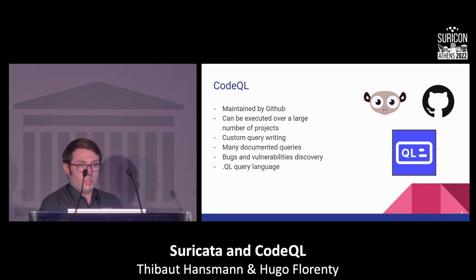It can be executed over a large number of projects in several languages: C, C++, C#, Java, Python, JavaScript, TypeScript, Ruby and Golang. It's centered around writing queries to find bugs, which are generalized through the .ql language.